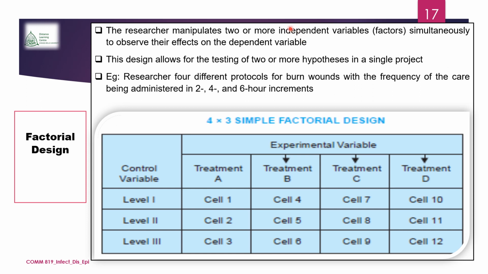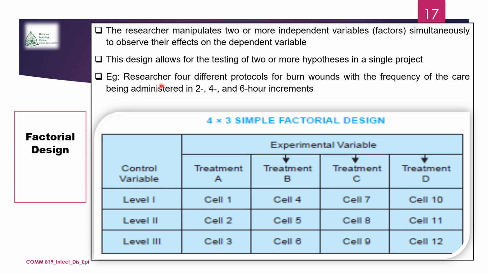You have two independent variables, or factors or determinants, to observe their effect on the dependent variable. This design allows for testing of two or more hypotheses in a single project. That's one of the advantages.